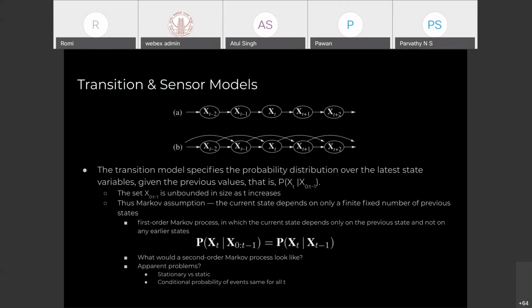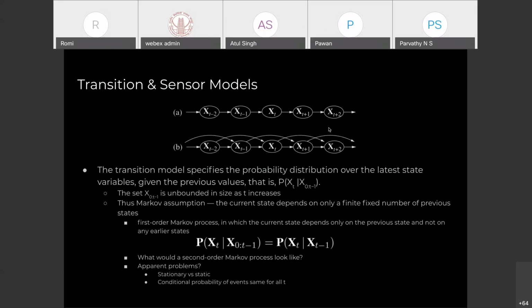Okay. And again, just for operational purposes, we consider that the conditional probability of all events is the same across all t. So what happens over here is you just have to remember two conditional probabilities. One is for the start state, the one at time t0, and one is for all the other variables that you are considering.